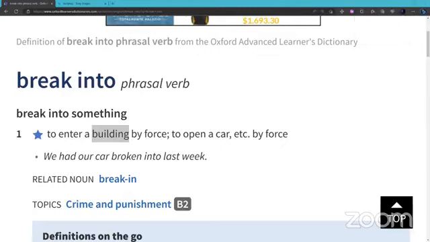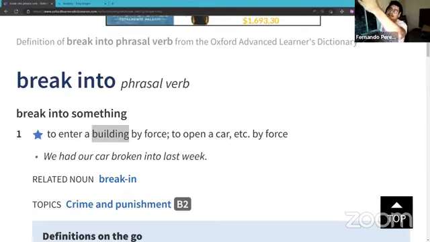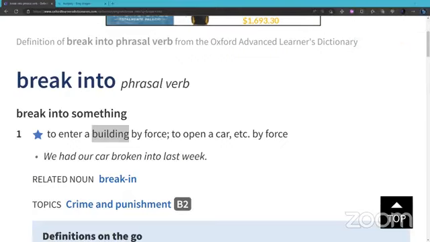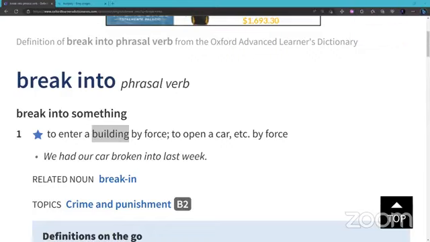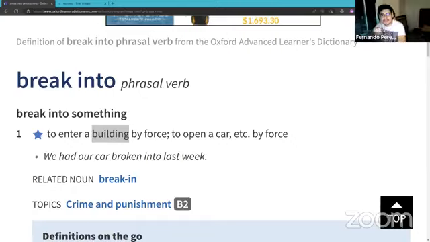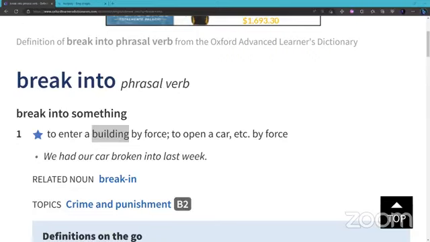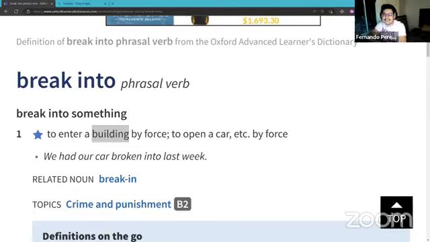Sorry, I can hear you now. It's the same, no? The person broke into my backyard, or break in, or broken in? Exactly. You see? That's the difference.